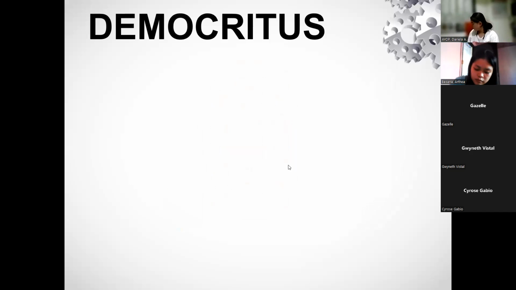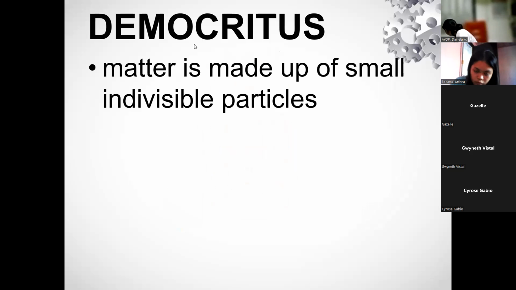Now let's go back to history. How did they discover atoms? It started with Democritus. So he was the scientist who said that matter daw is made up of small indivisible particles. So siya yung nagsimula ng pag-study ng atoms.